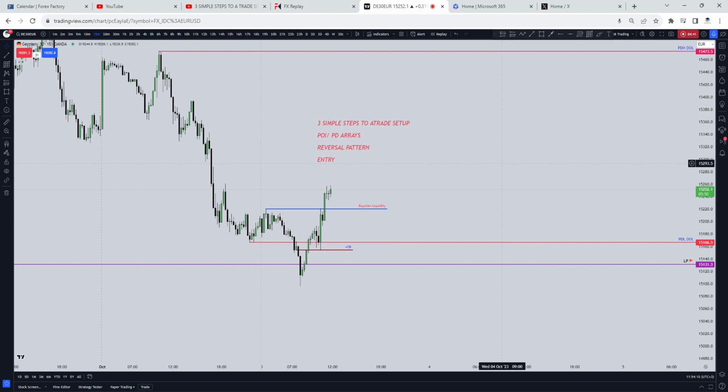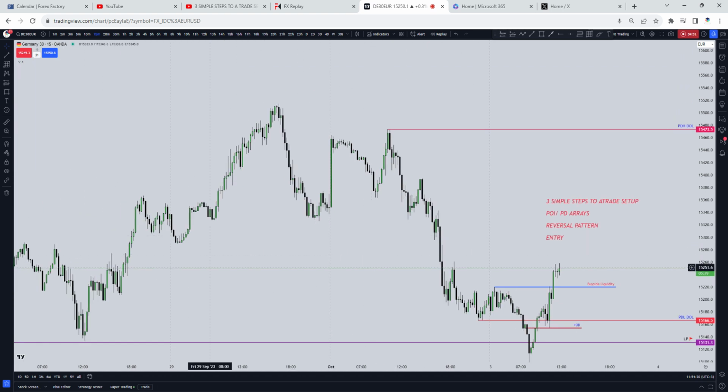People say market structure is not needed. What's important is a run on stops. Yes, a run on stops, but let me ask you something. If you are here, we have these run-on stops. Okay, we have these run-on stops right here. How do you know?